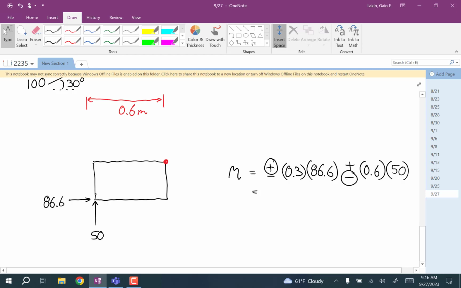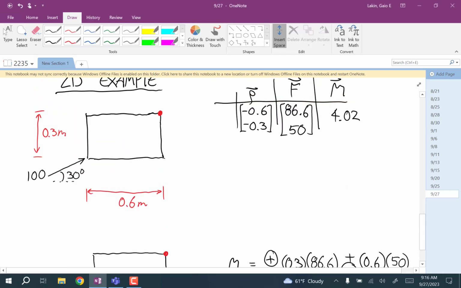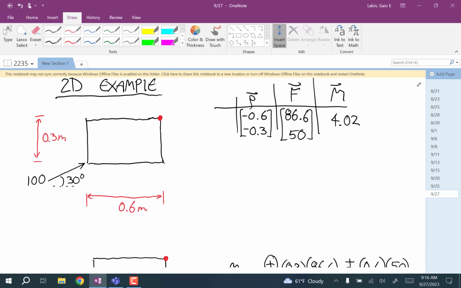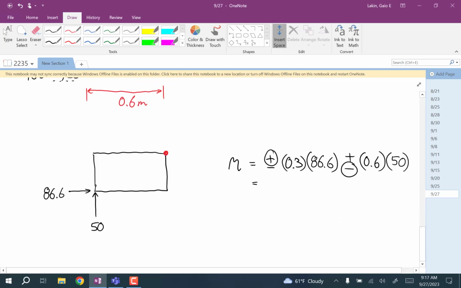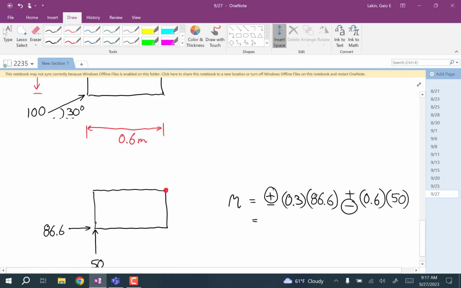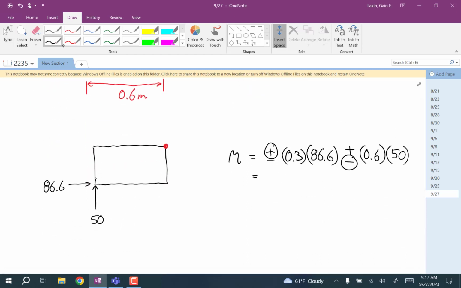I missed how we got the row vectors. Oh, yeah. Well, you're talking about in this way of doing it, right? Yeah, so it's the distance. You're trying to get the perpendicular distance from basically the line of action of the force.